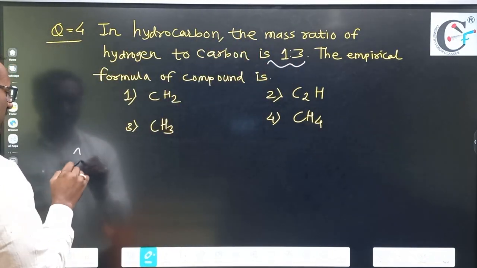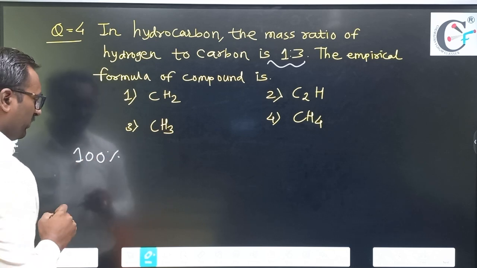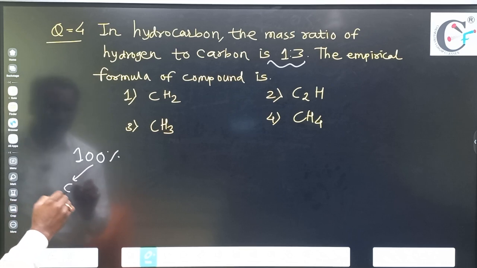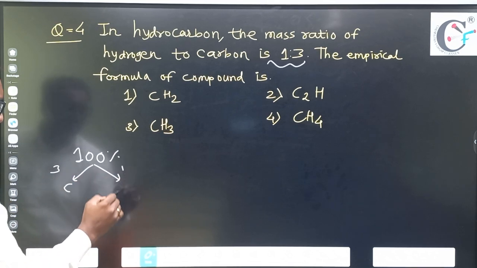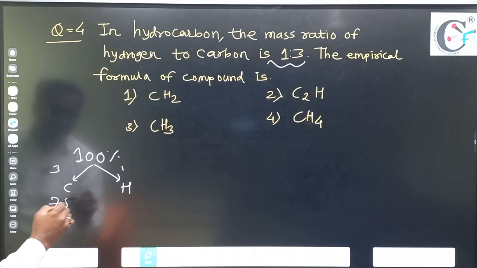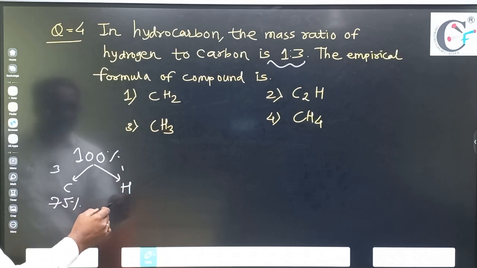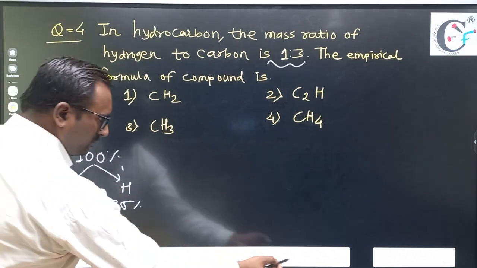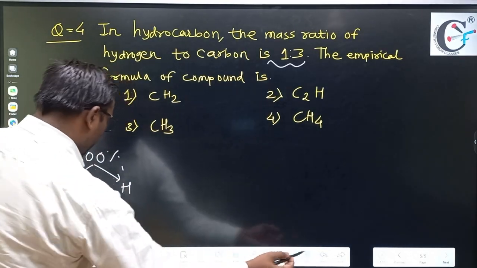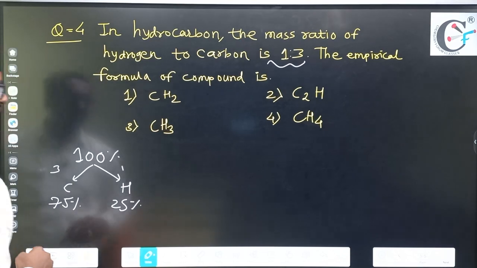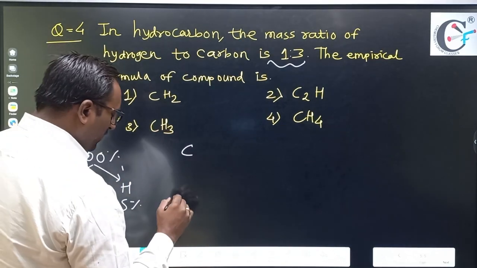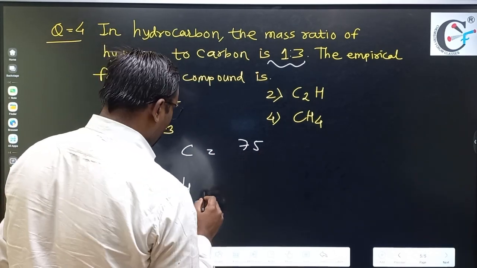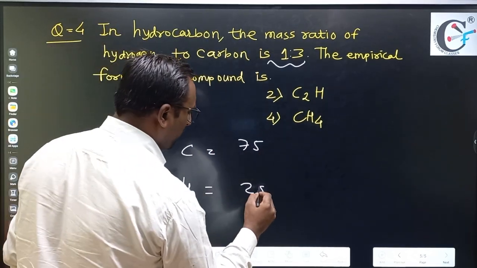If we assume 100%, then out of this 100%, 3 parts are carbon and 1 part is hydrogen, meaning it is 75% carbon and 25% hydrogen. Now, so we have carbon percentage 75 and hydrogen percentage 25.